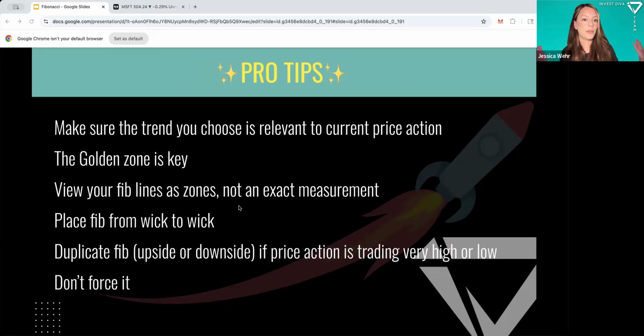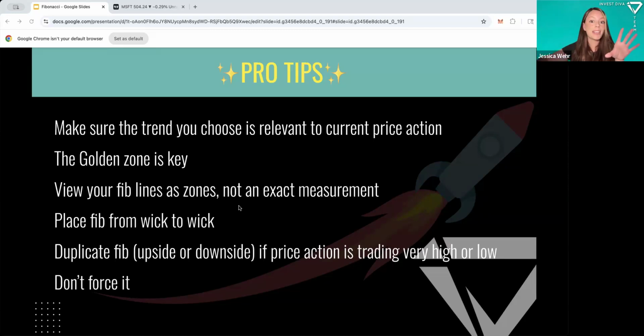Pro tips. And I mentioned this, use a trend and keep in mind your current price action, meaning where is the stock trading currently? What price is it trading at currently? Because if you have a price maybe down here and the most recent trend would be a downtrend, but it's so low, a lot of times we want to use a trend and then determine what it could do after that trend.